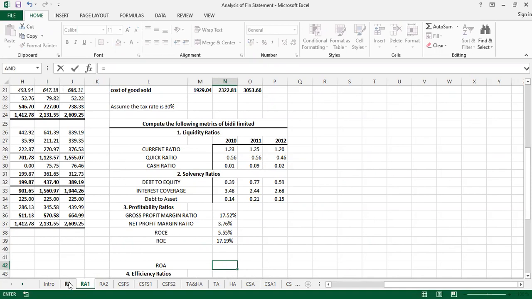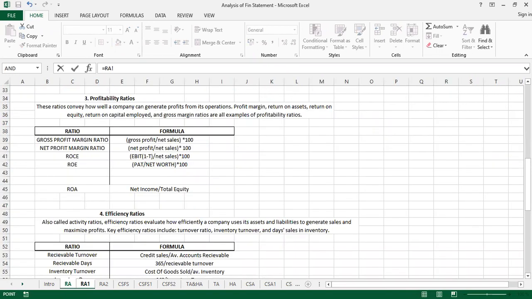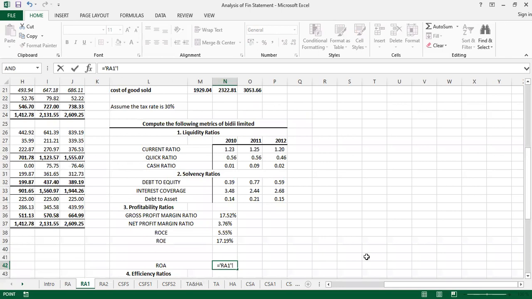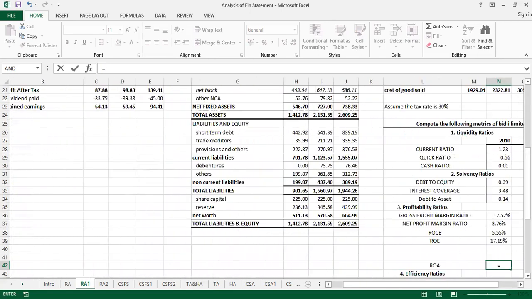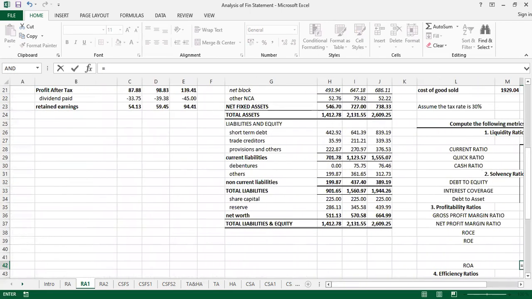Return on assets, let me confirm. So our return on assets is net income over total equity. Now this one is not net worth, total equity, isn't it? So I'll grab that one. I'll come here. Where is it?